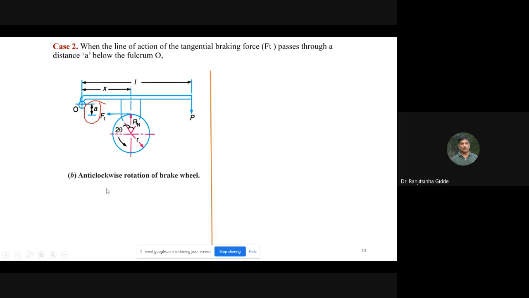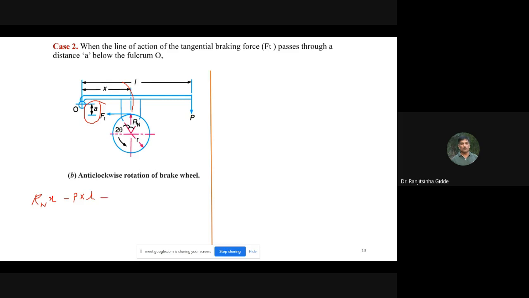Then in this case, for the equilibrium, we are going to write the equation. Rn into x minus P into L, we will equate it to 0.